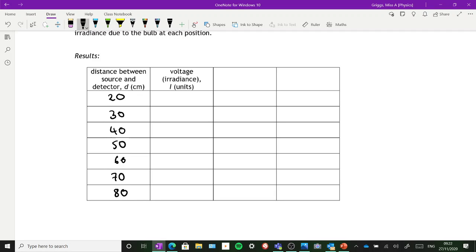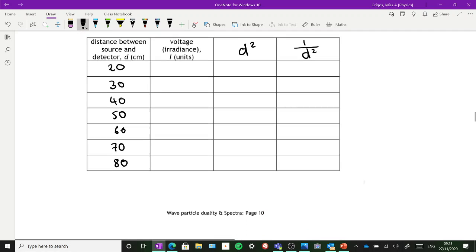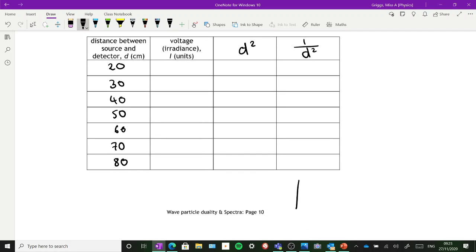Then there's two columns here. One, I want you to work out what d squared is. And then this one, 1 over d squared. Because once you've done that, you're going to plot 1 over d squared versus your voltage, your irradiance.